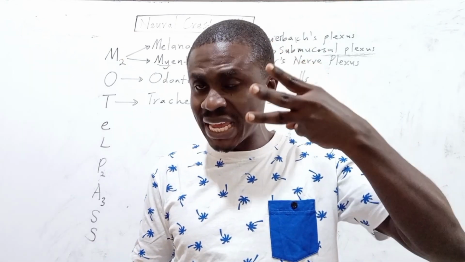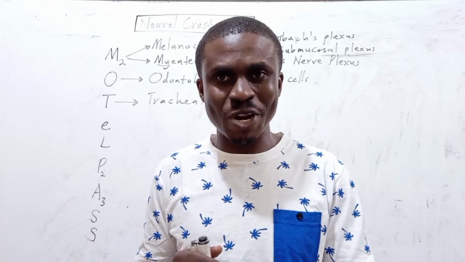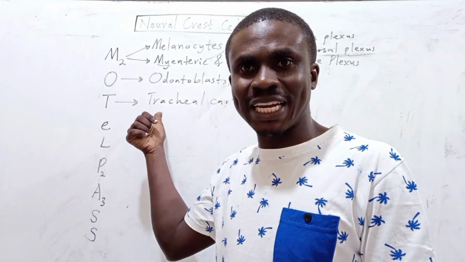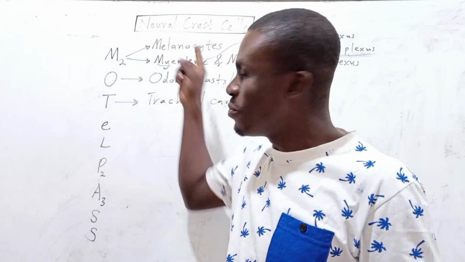We've seen the 3 germ layers: the ectoderm, the mesoderm, the endoderm. But we are talking about the 4th germ layer here. We are saying that the tracheal cartilages, and this cartilage is also mesoderm, but it comes from neural crest cells.